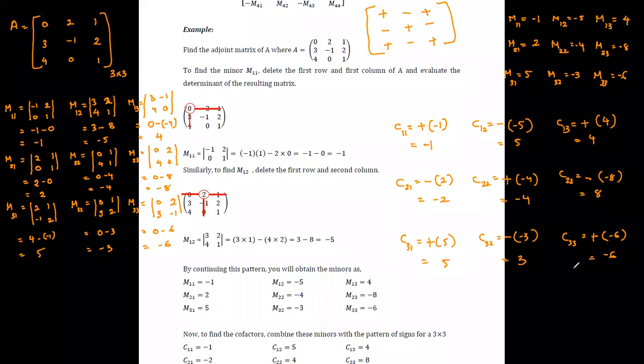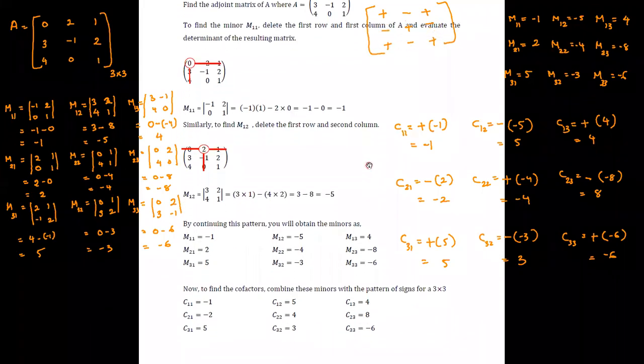Therefore, these can be considered as the cofactors for this given matrix. Now you can see that these are the cofactors. To obtain the cofactors, what we have done was combine the minors with the sign pattern. By combining these minors with the sign pattern, these 9 cofactors were obtained.